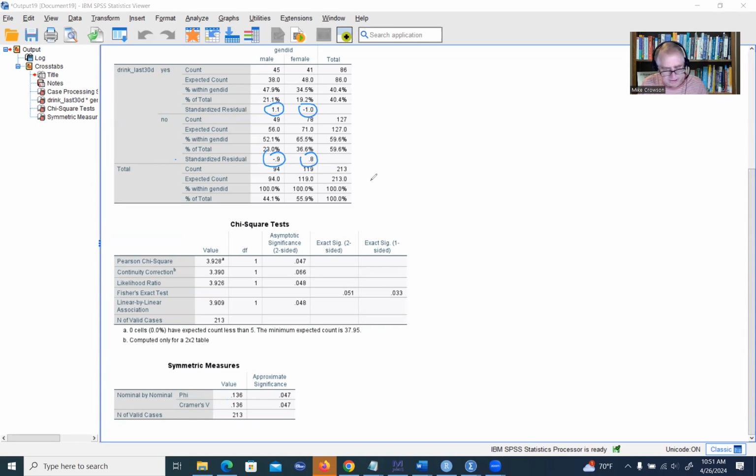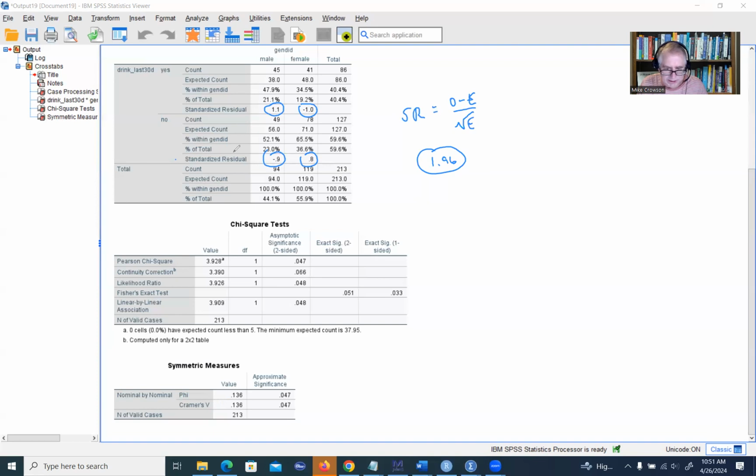Basically, the standardized residual, SR, for a given cell is equal to the difference between the observed and expected frequencies divided by the square root of the expected frequencies for that cell. If we assume that these values are distributed as Z, we can use a threshold of 1.96, assuming an alpha of 0.05, as a basis for determining whether there's a significant difference between the observed and expected frequencies for a given cell.